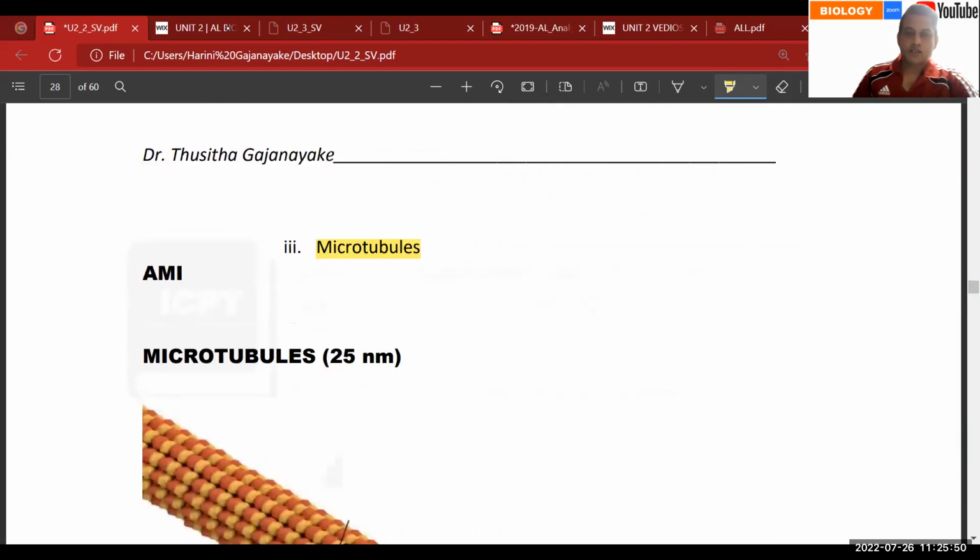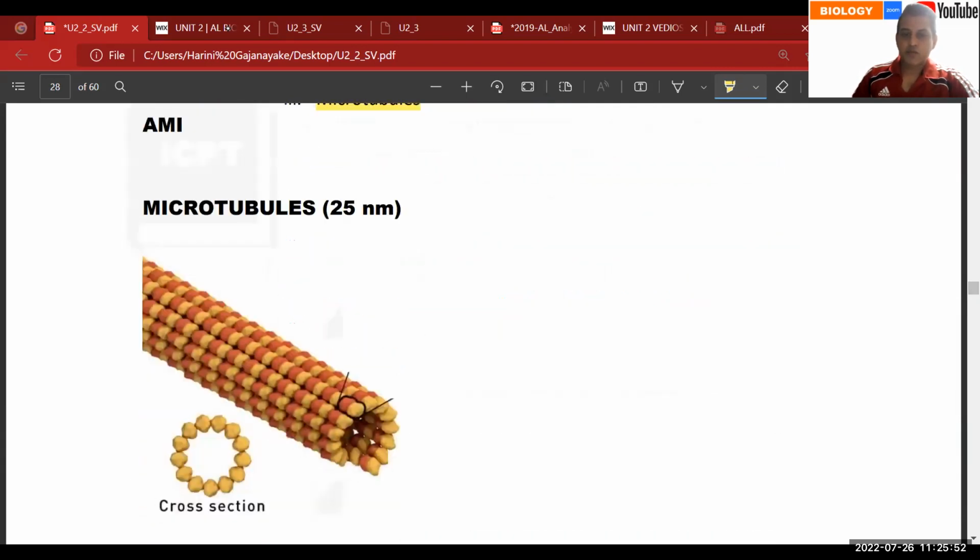If we look at the structure of microtubules, you can see there are 13 protein molecules that sit together to make columns. Like this: 1, 2, 3, 4, 5, 6, 7, 8, 9, 10, 11, 12, 13. So these are the protein molecules.